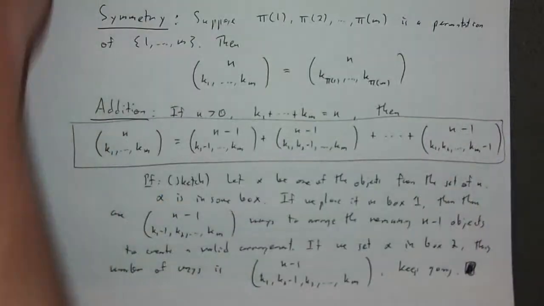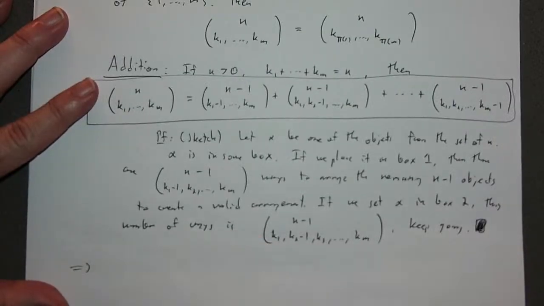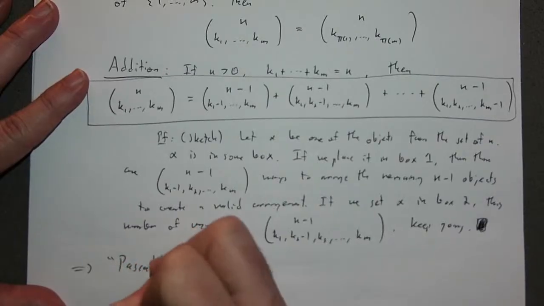So the question is, is there an application of multinomial coefficients? And yes, this gives rise to what we could call Pascal's pyramid.